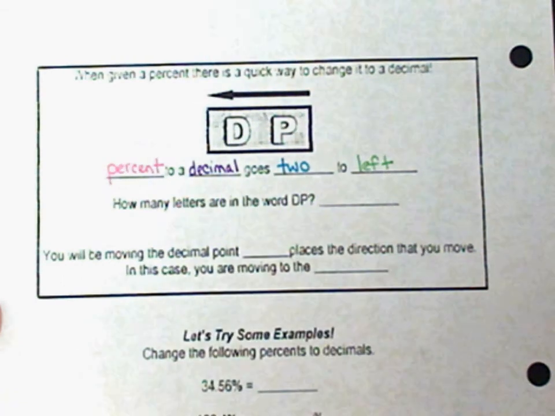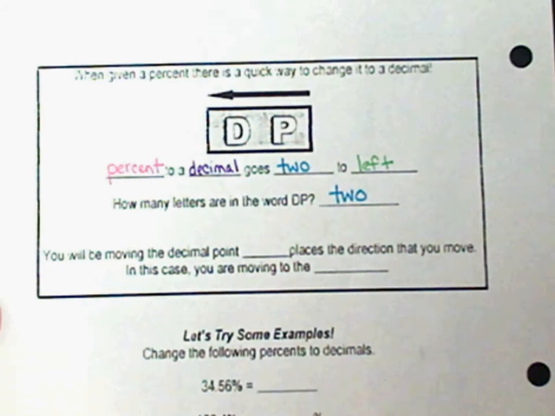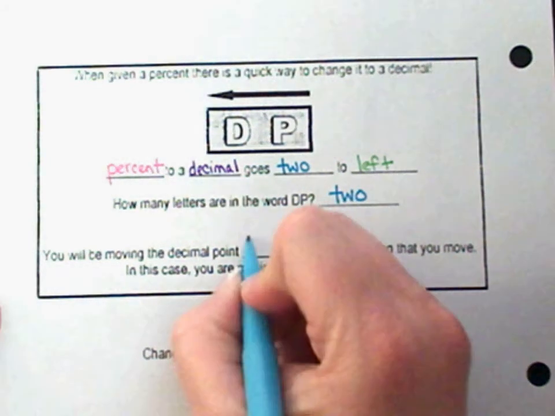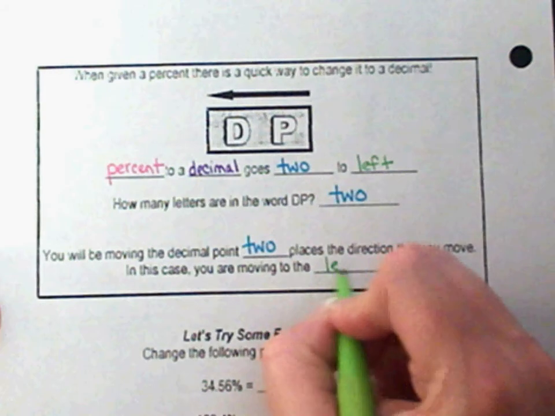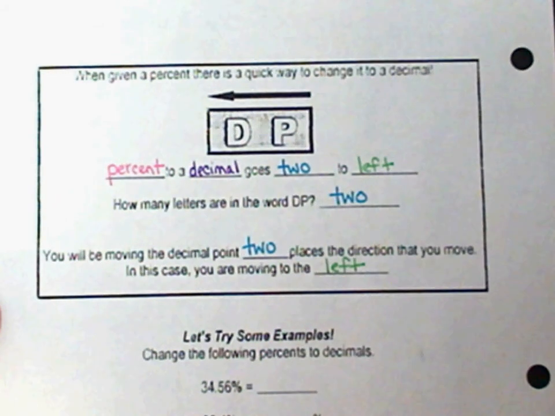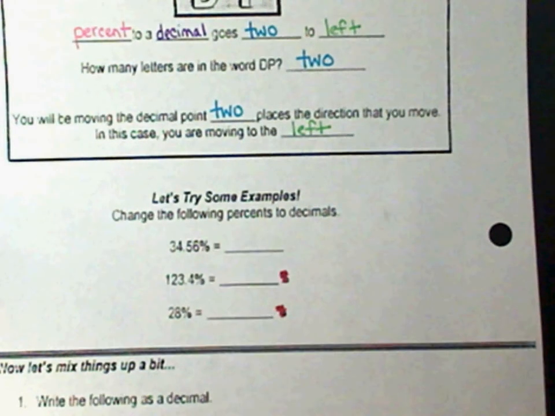So that reminds me I'm looking from right to left. 2 letters, I'm going to move 2 to the left. I'm actually going to be moving the decimal point to the left.